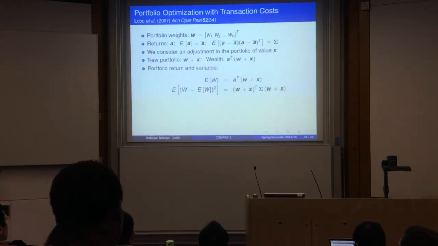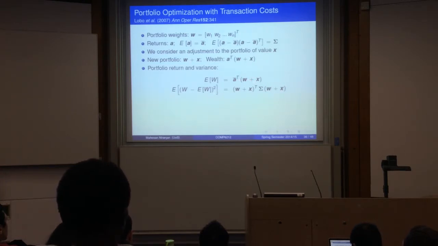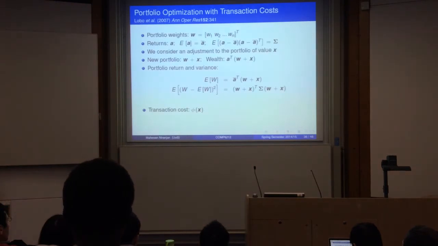That's the average return transpose your perturbed investment. The variance on this, which is something that we have seen before. Okay, so this portfolio will have a mean and a variance. Okay, so transaction costs, of course, we can write this as some function of the disturbance that we have made, or the transactions that we have made.